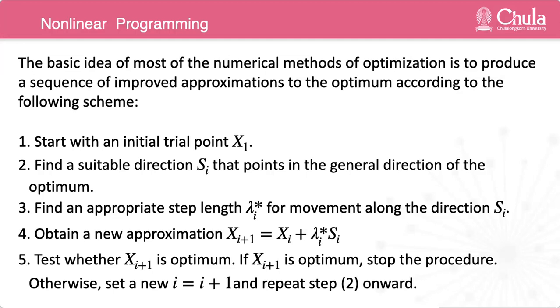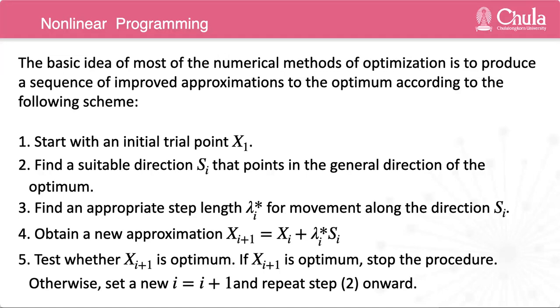Then find an appropriate step length. You fix the direction, you choose the direction first, and then you follow that direction and move for a certain step length, a movement along that direction Si.